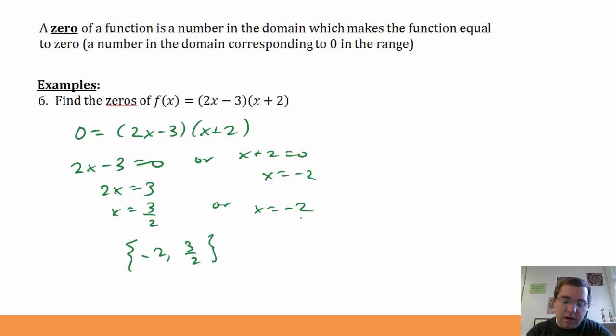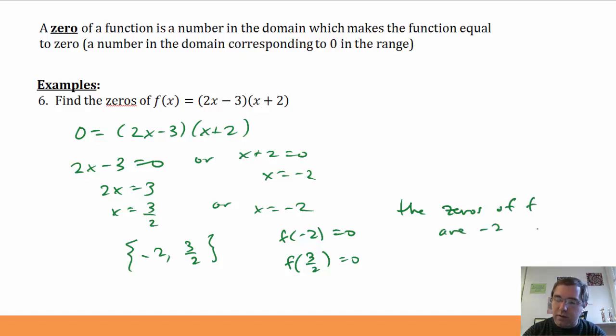That means in terms of the function, f of negative 2 must be 0, and f of 3 over 2 must be 0. Those are the zeros of the function. So the zeros of f are negative 2 and 3/2.